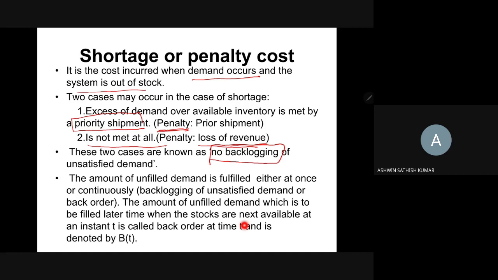The amount of unfilled demand is filled either at once or continuously. Backlogging of the unsatisfied demand, or back order, so that comes under backlogging allowed, or you can say back order allowed.